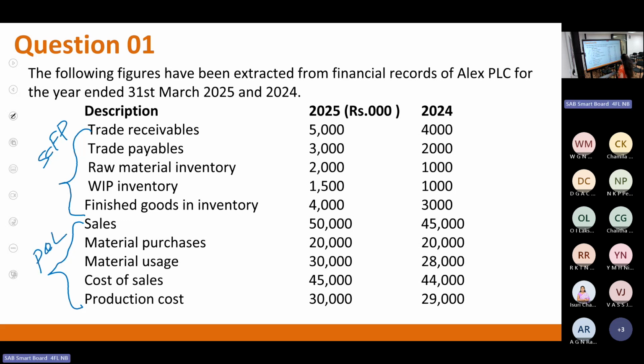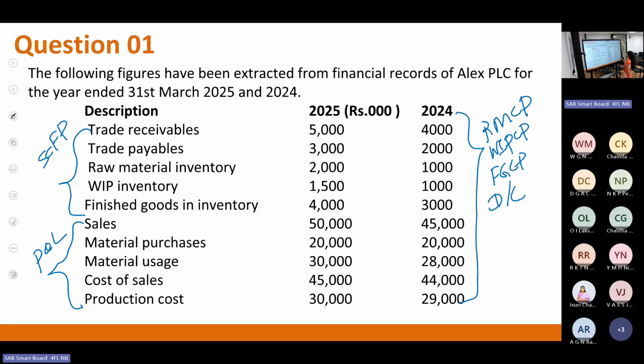Then what you need to find for these 2 years are 6 formulas. What are these 6 formulas? RMCP, WIP conversion period, finished goods conversion period, debtor conversion period, creditor deferral period, and then you can calculate the NOC.